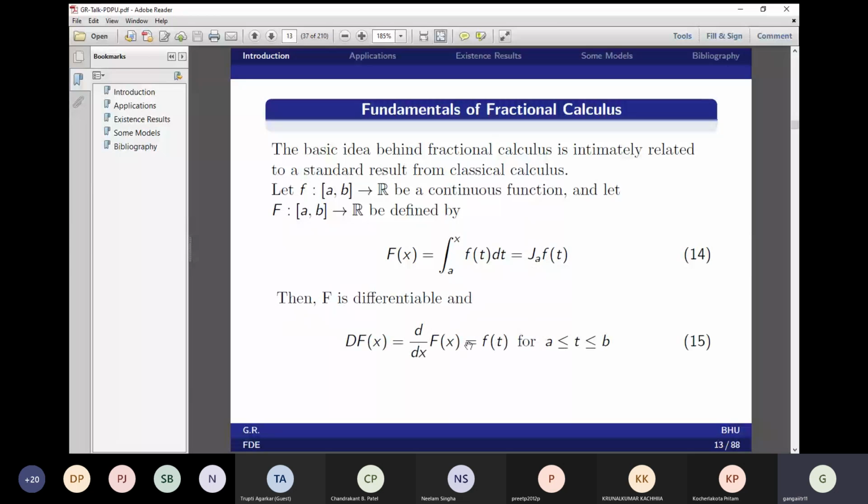Then F is differentiable and F' is equal to f(t). So basically this is the fundamental theorem of classical calculus. Here F is a continuous function, you can take the derivative of it and obtain the previous function, so F' is equal to small f.